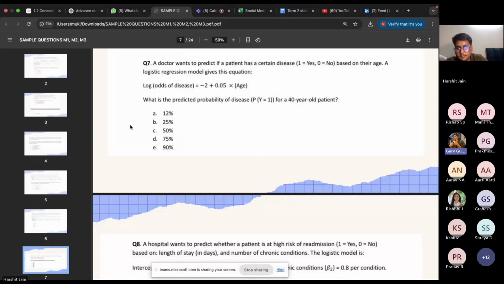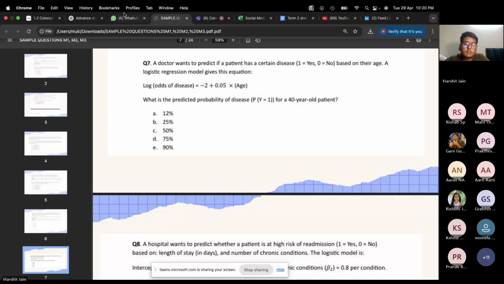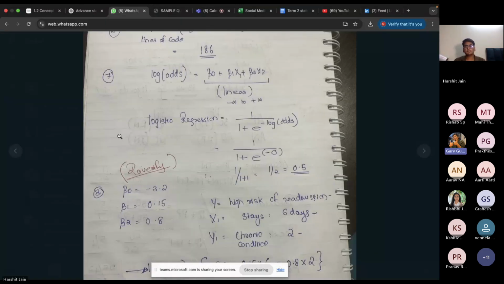Rishabh, question 7, log odds is equal to, where you've done the first formula, there's B0 into what exactly towards the right hand side? Can you take the answer sheet, like Harshit? B0 plus B1 X1. The first line is log odds. Basically I'm just representing that log odds is also equal to beta 0. This is the equation for linear regression, right?